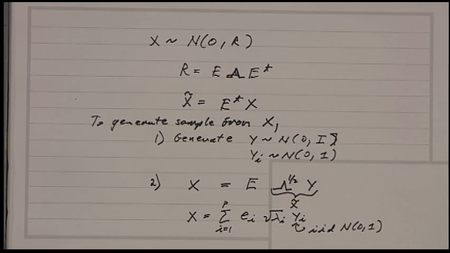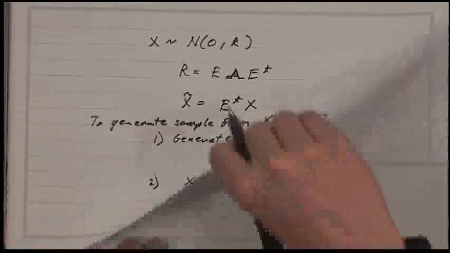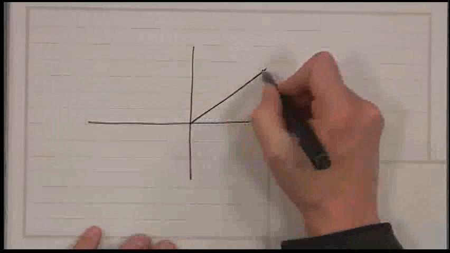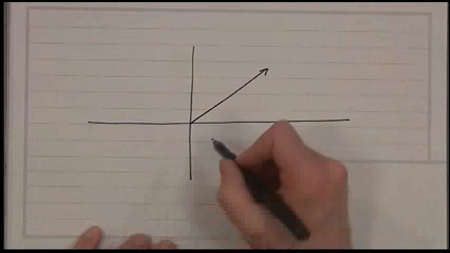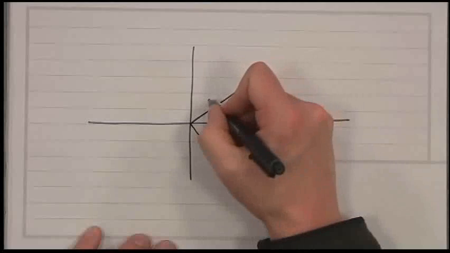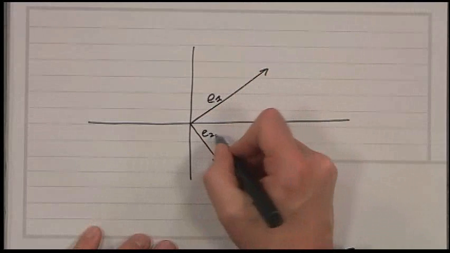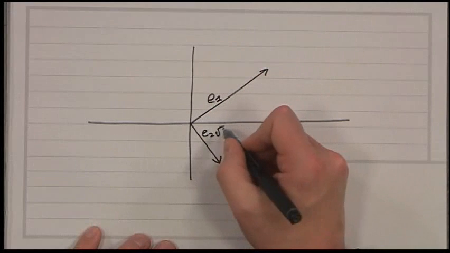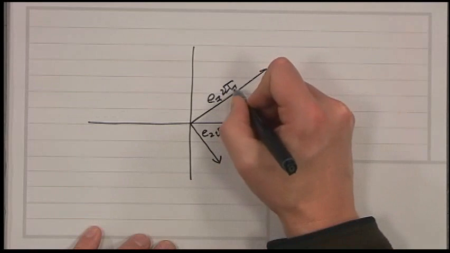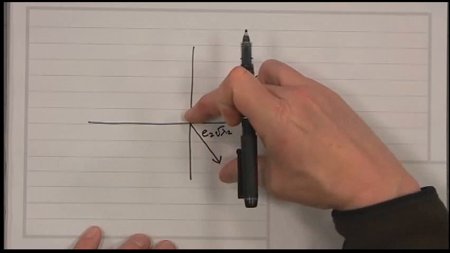So while you're generating this ellipse in this space, you have axes. These are your principal component axes, right? This is E1, this is E2, and then you multiply by the square root of lambda 2 and the square root of lambda 1 to scale it, because the length is different, right?